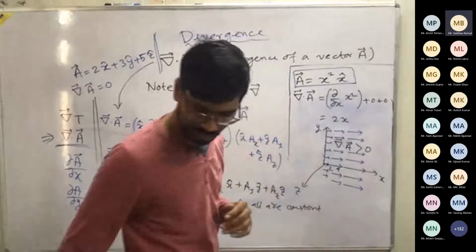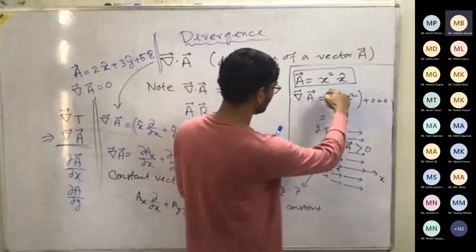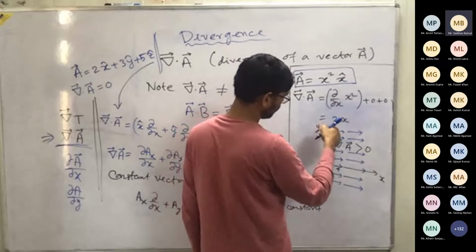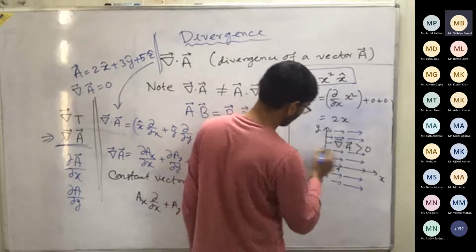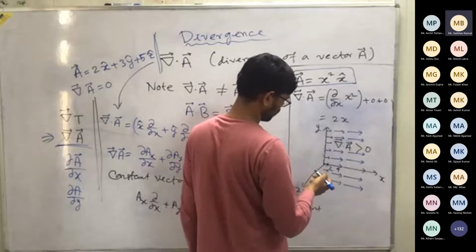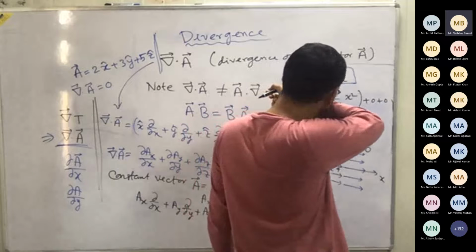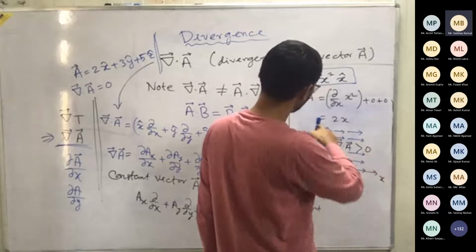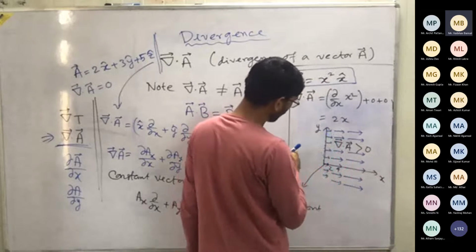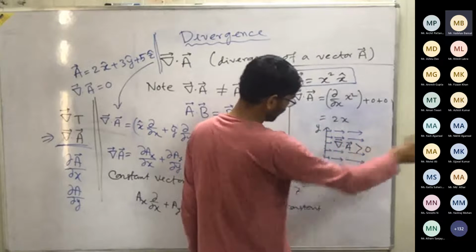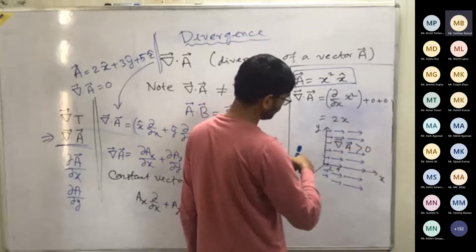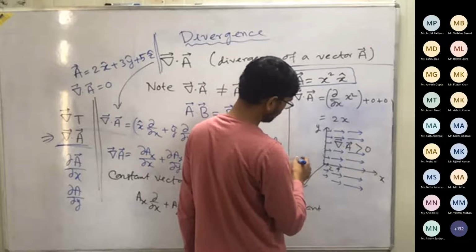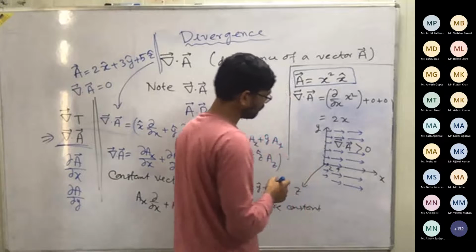So the value is actually negative. Better you think yourself. Here you have more negative, so it has divergence.